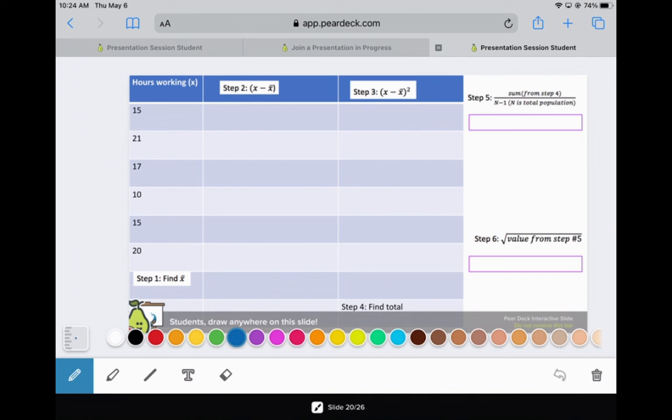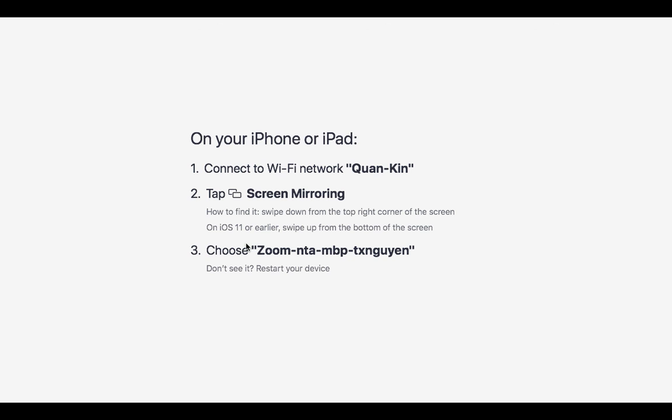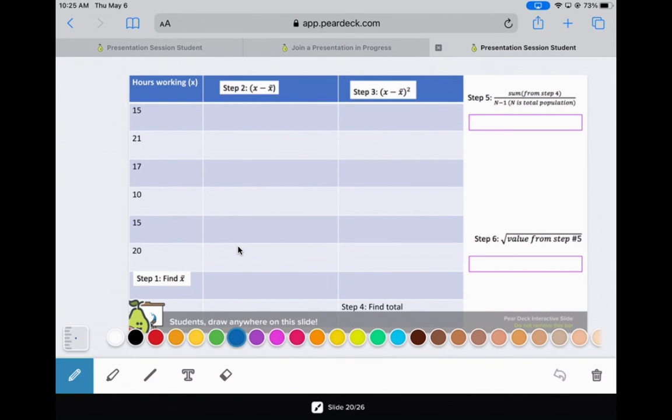If you do it on a piece of paper, make sure that you email me the work, okay? We are on slide 20. Go ahead and start. Feel free to ask me questions. I will turn this to student pace, and then I'm going to go to the previous slides so you can follow the steps that I have. But you should work on slide 20. All right?